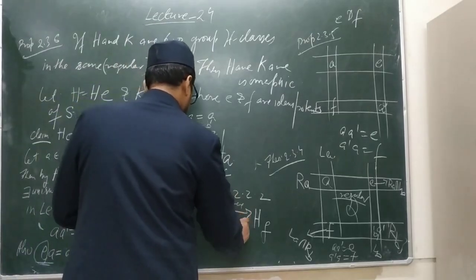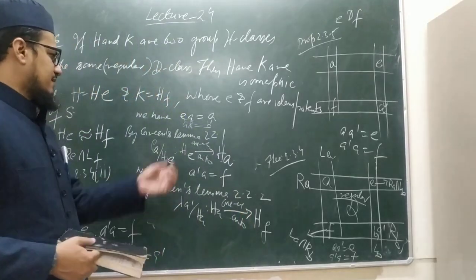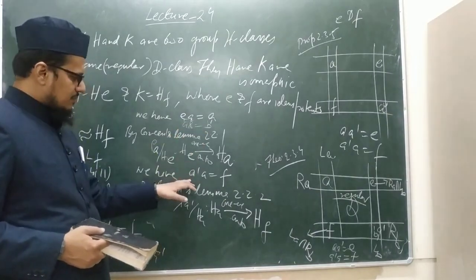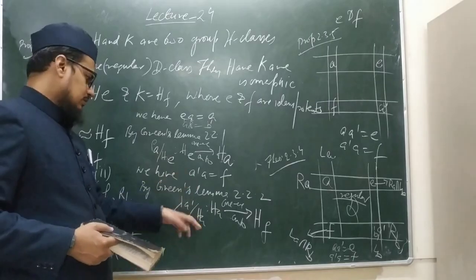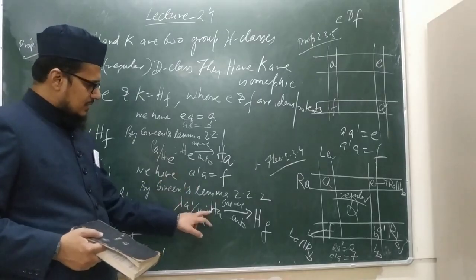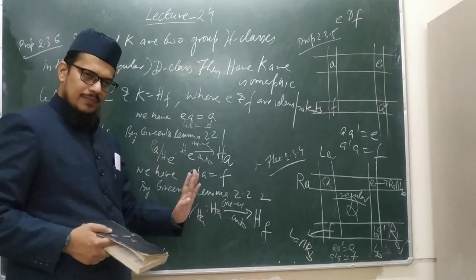In a similar fashion as we have done for AS is equal to B, we apply Green's lemma with this on this, isn't it? We will get lambda A dash by HA from HA to HF is a 1-1-on-2 mapping.